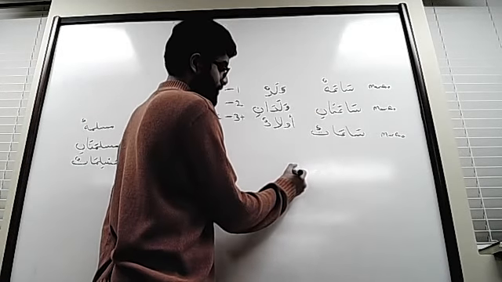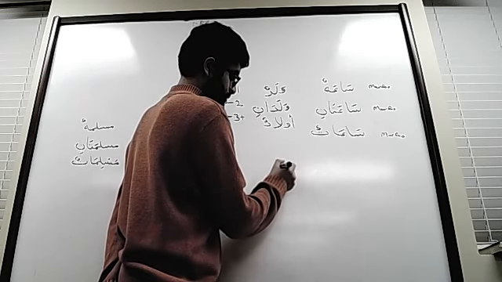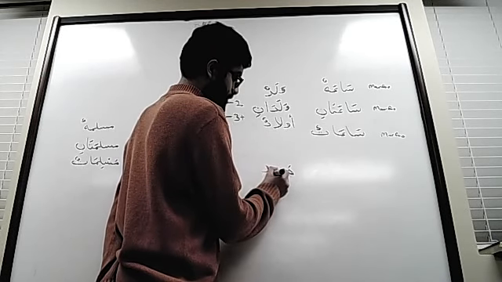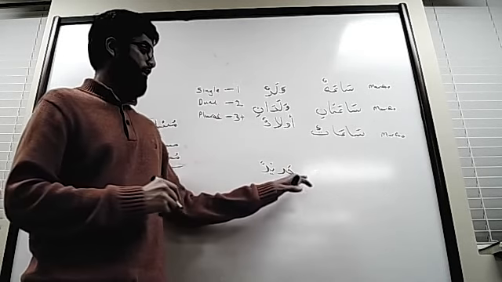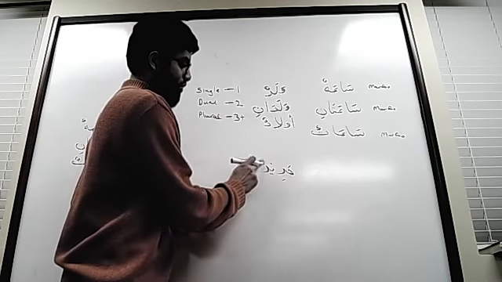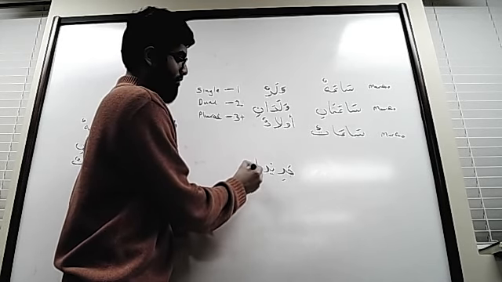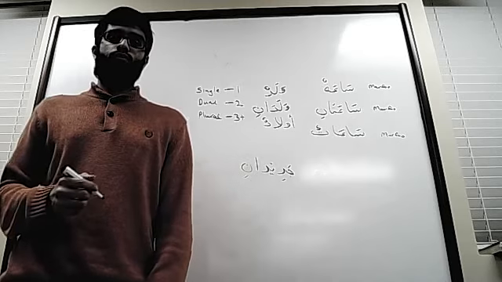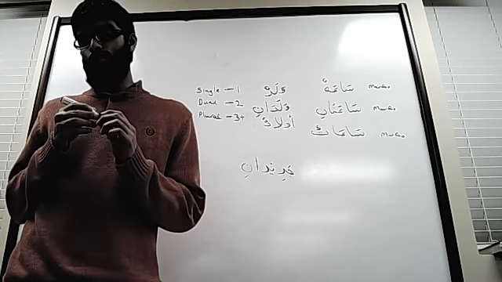Again, you notice jadidun changes to jadidani, right? Originally you have jadidun, so if I'm talking about two new students, I change jadidun as well, to jadidani. Okay, next one.